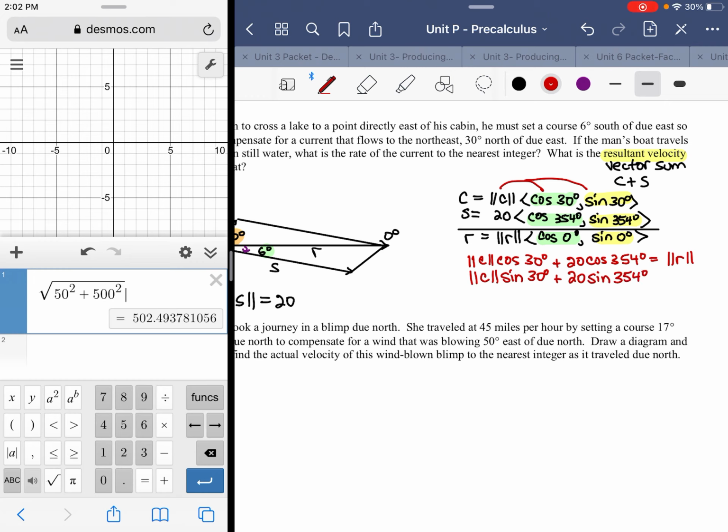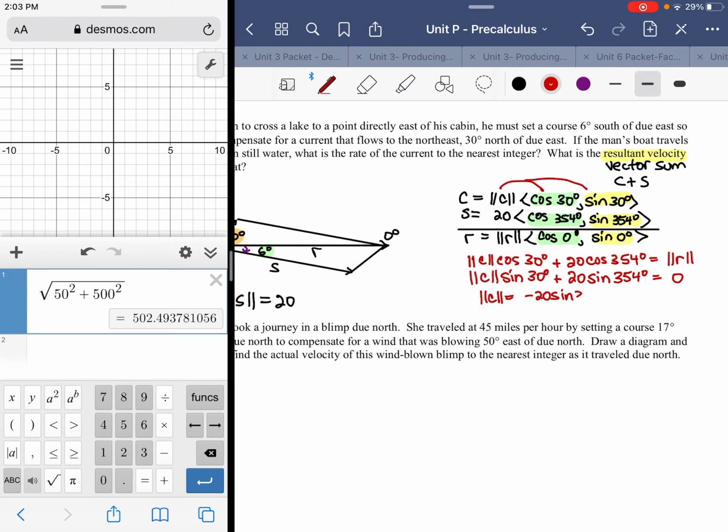Magnitude of C times the sine of 30 plus 20 sine of 354 degrees is going to be, well, sine of 0 is 0, so 0. Now I can solve. It's a system of equations with two variables, but the second equation only contains one variable.